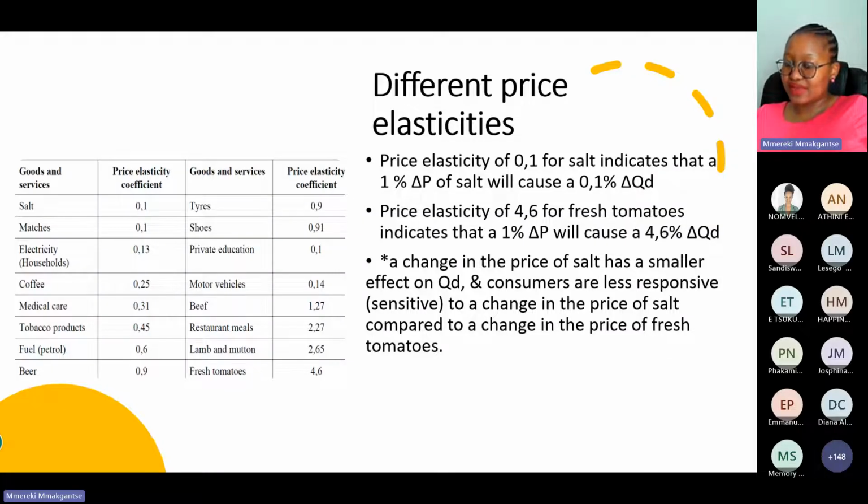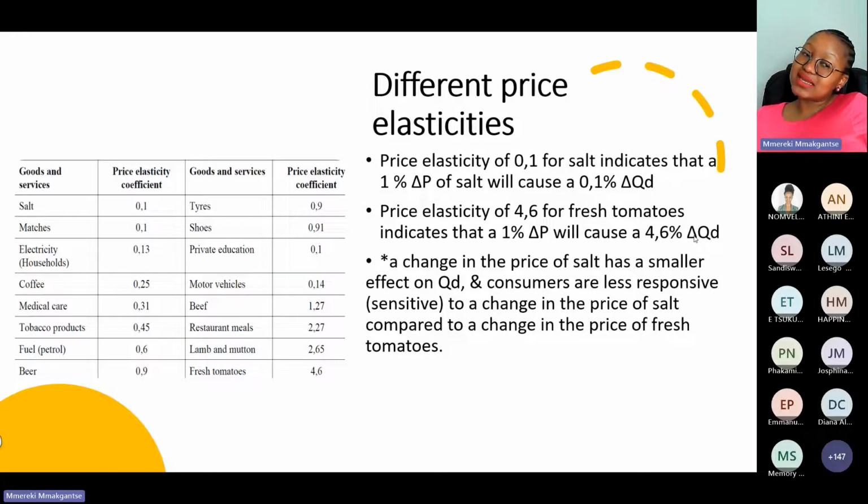You are still following, my friends, okay? And then when we look at fresh tomatoes, we can see that the fresh tomatoes coefficient is 4.6. Price elasticity of 4.6 for fresh tomatoes indicates that if price were to increase by 1 percentage change, it will cause a 4.6 percentage change in quantity demanded.